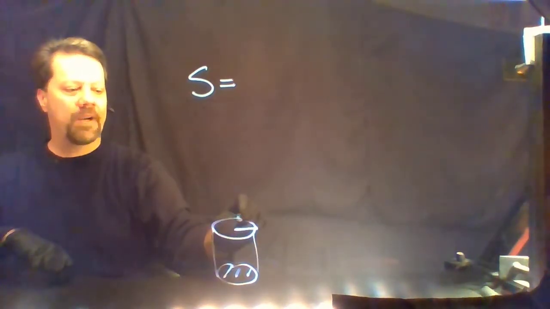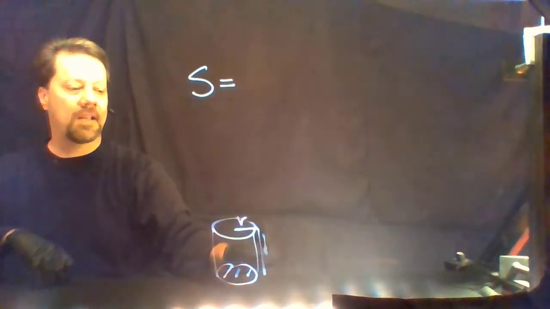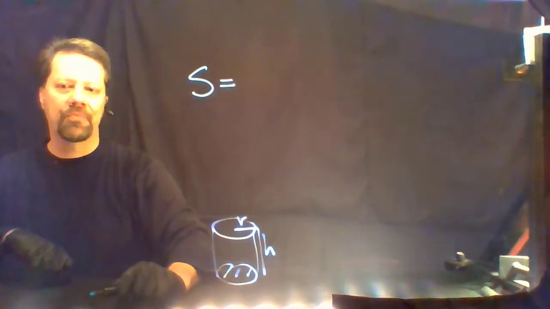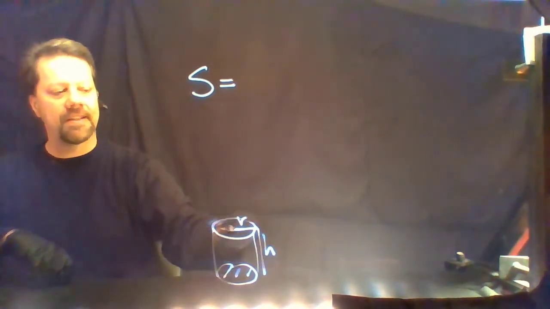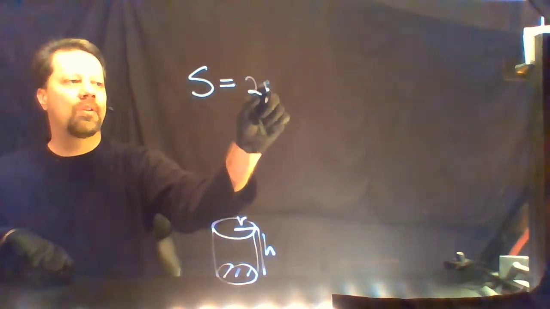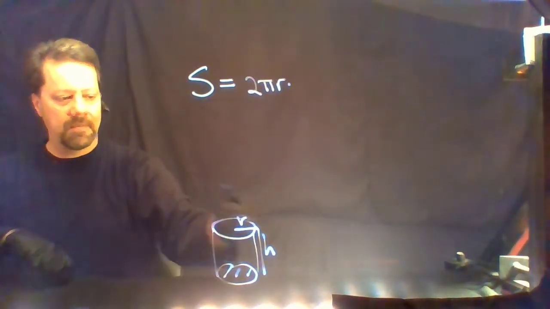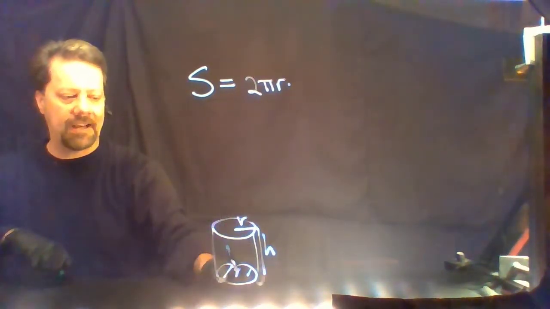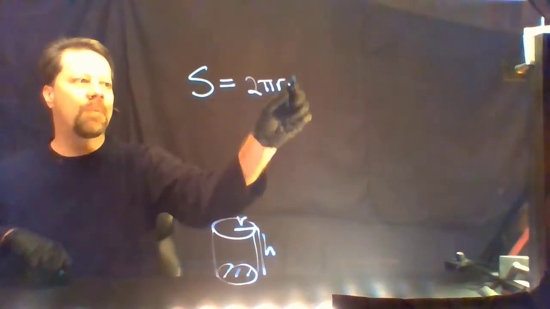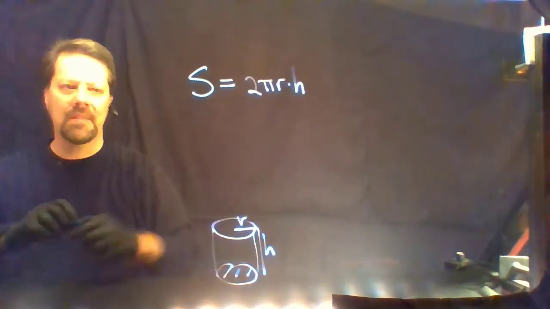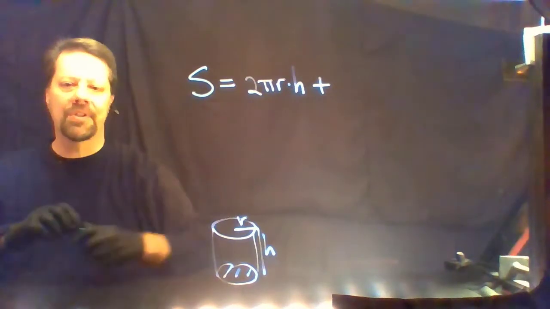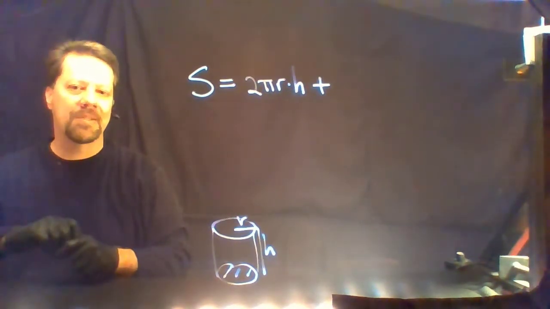If this is some radius r, and this is a height h, the surface area on the side is 2 pi r, this is the distance around, times how far you sweep it, 2 pi r h. That results from something called the Theorem of Pappus.